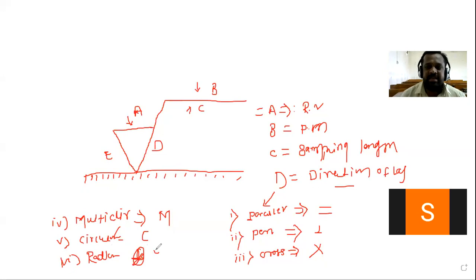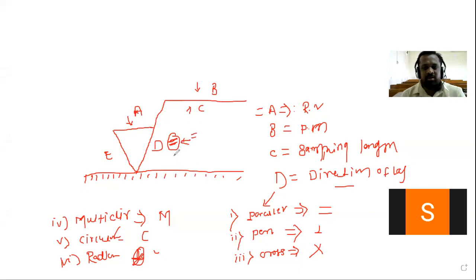Okay, these are the basic directions of lay, and here they will write down one of the symbols like this. If such a symbol is there, tell me the meaning of that. If such a symbol is there in this place, you have to understand the direction of lay will be parallel.